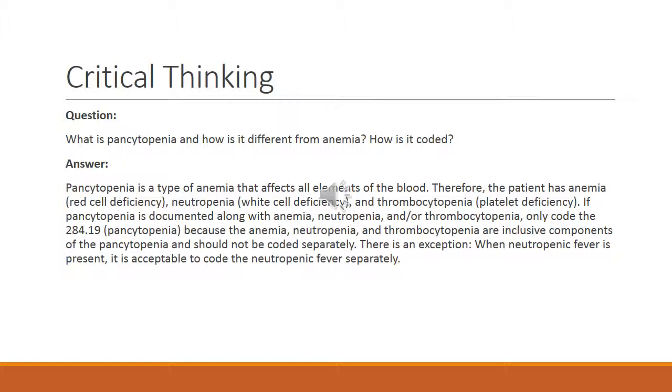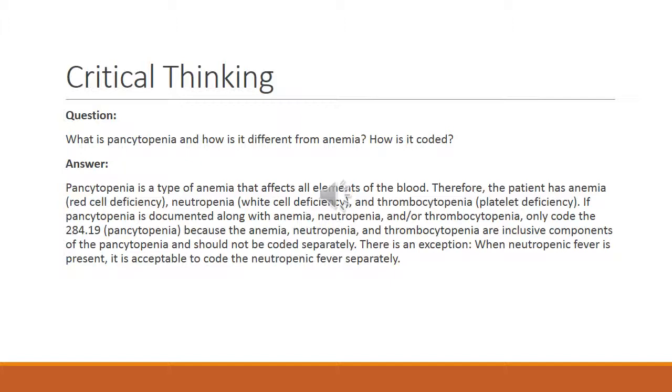Now, if pancytopenia is documented along with anemia, neutropenia, and/or thrombocytopenia, only code 284.19 pancytopenia, because the anemia, neutropenia, and thrombocytopenia are inclusive components of the pancytopenia and should not be coded separately.